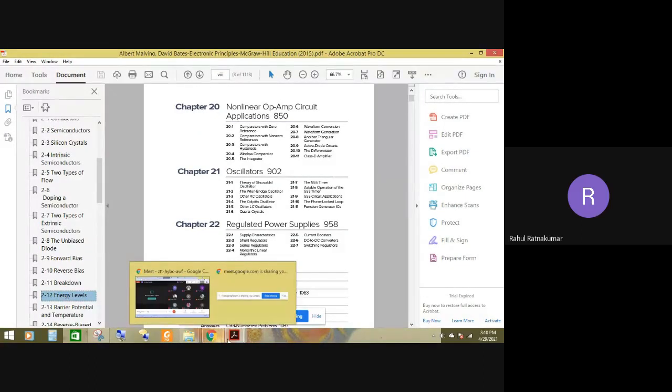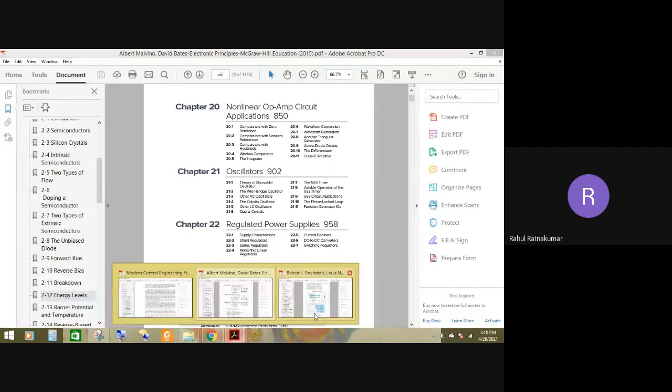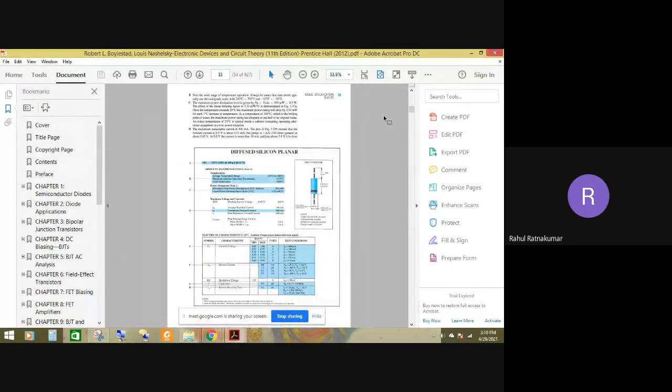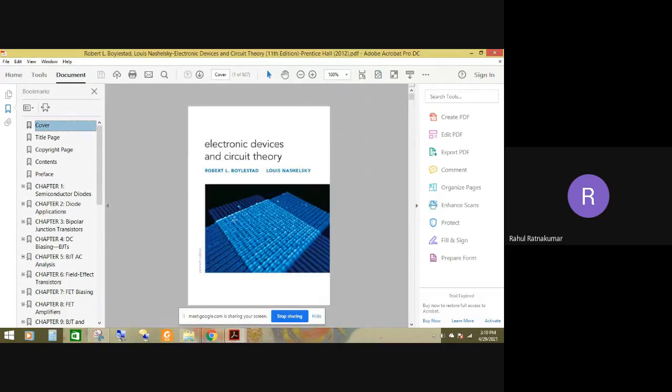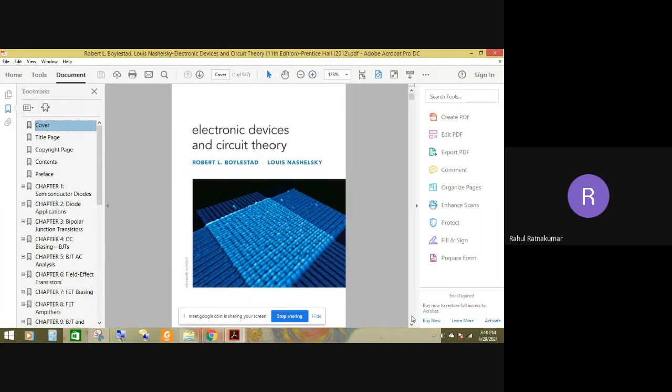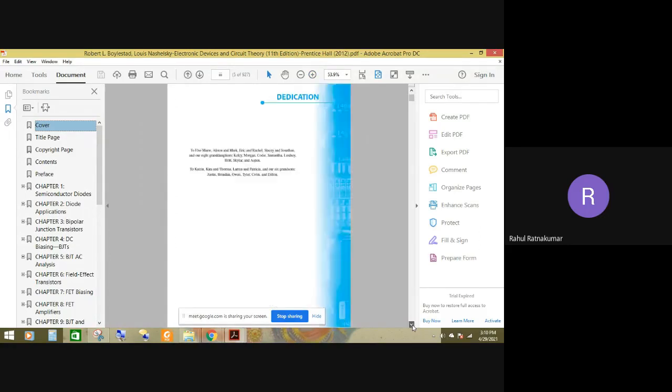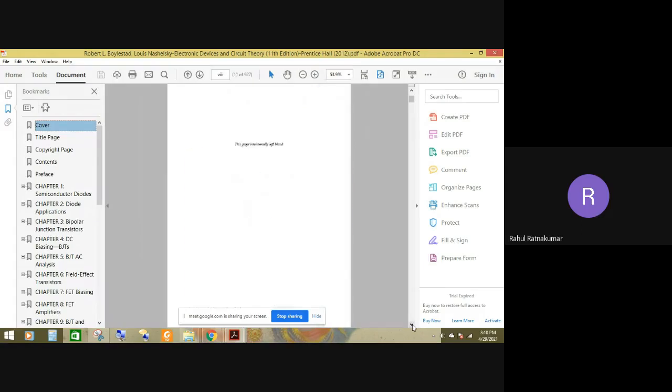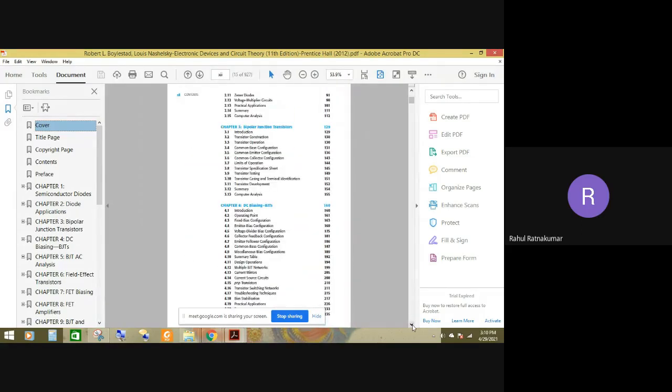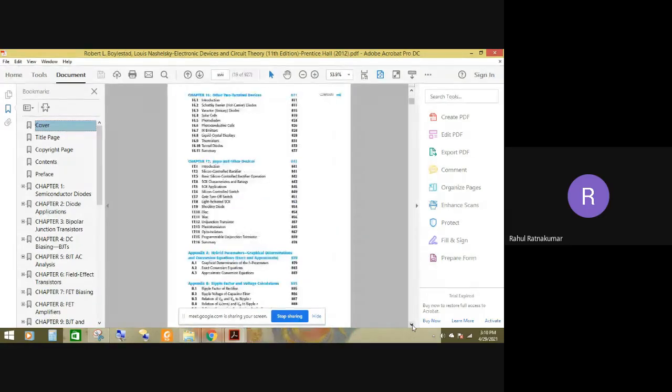Okay, so the next book I'm telling you about is Robert Boylestad. It's also a very famous book. This is the cover. It is suggested by a lot of universities and faculties. It is a bit more comprehensive, meaning more theory, more detailed explanation, more circuits and deeper circuit understanding.